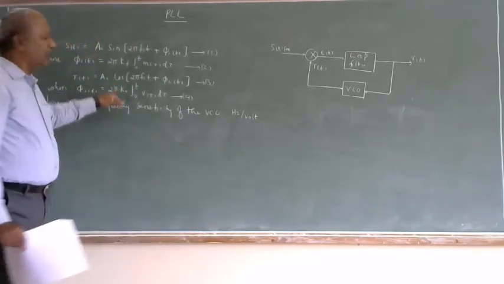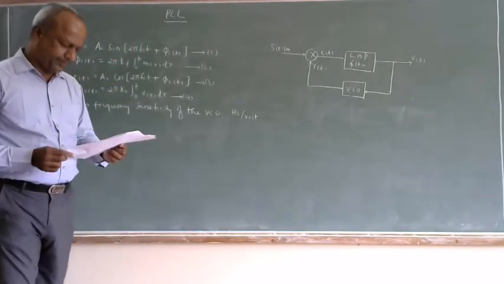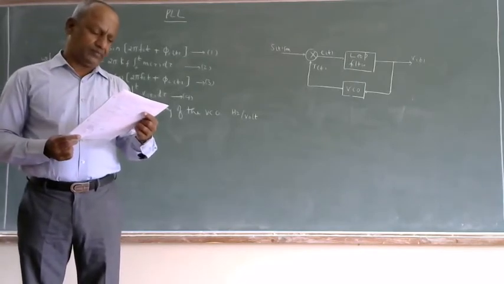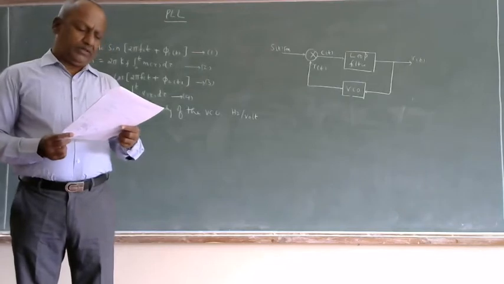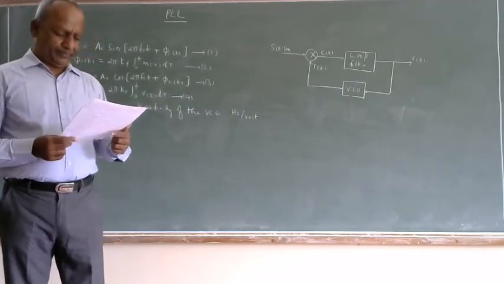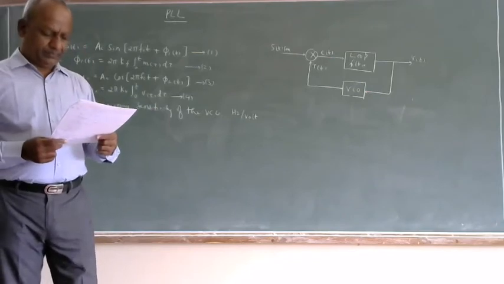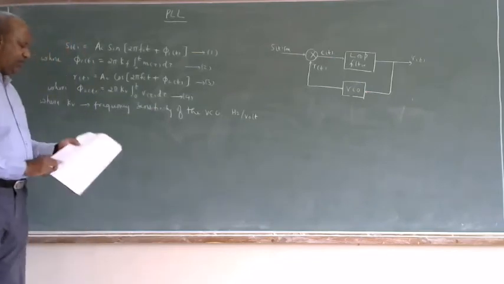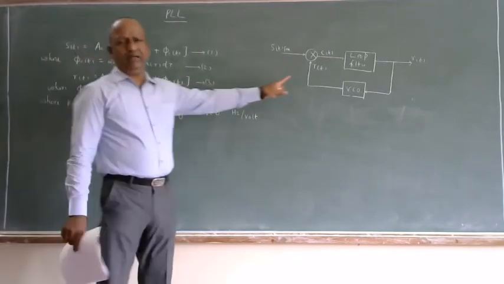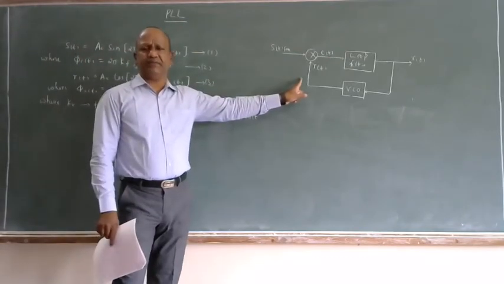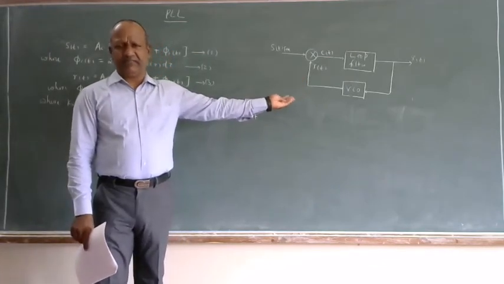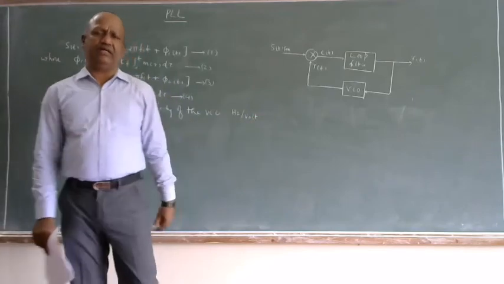After having these 4 equations, next is to understand the PLL. To understand the working principle of the PLL, it is necessary to do mathematical modeling as well as physical modeling.